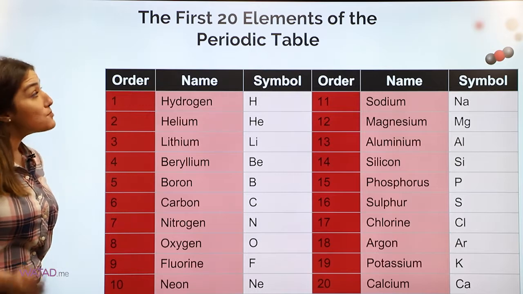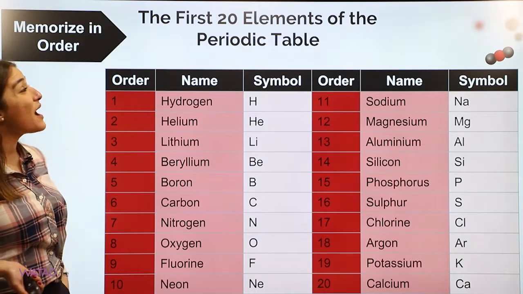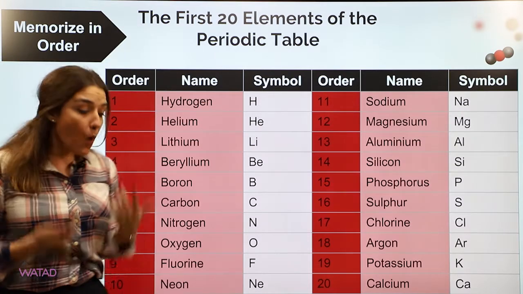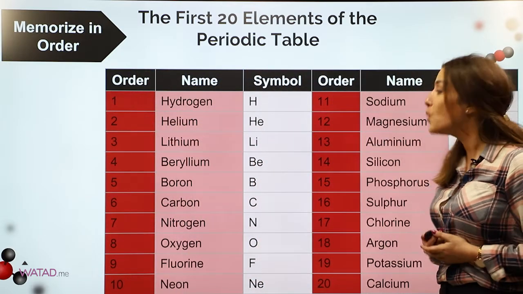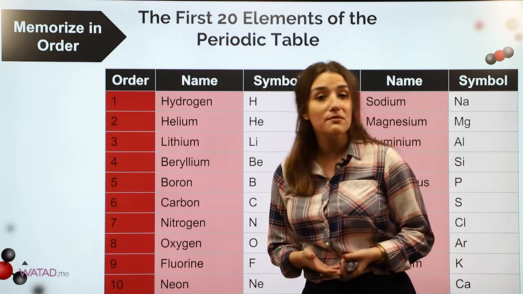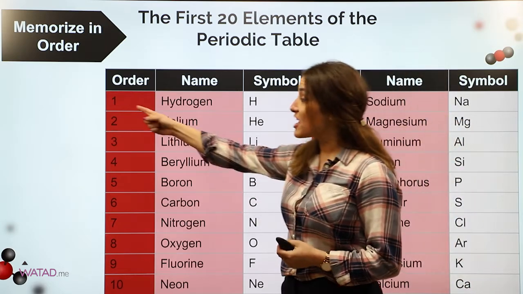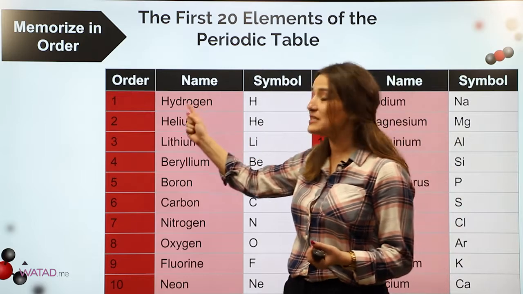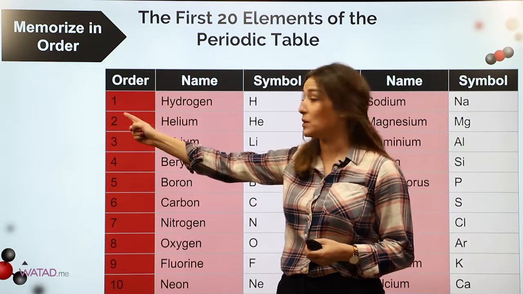What is important for us as grade 9 students is to memorize, in order, the first 20 elements of the periodic table. Why is memorizing the first 20 elements important? Because the order in which the elements are put in the periodic table gives their proton number. So as hydrogen is put first in the periodic table, it means that it has only one proton.